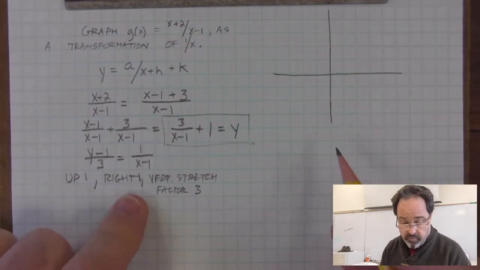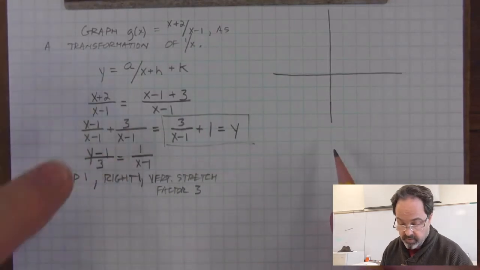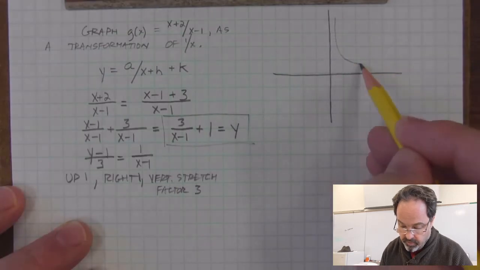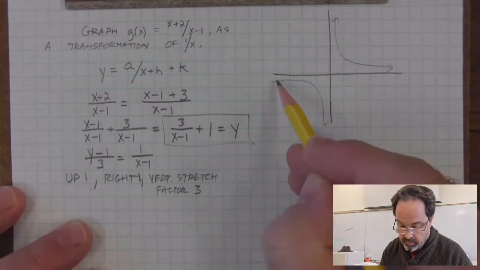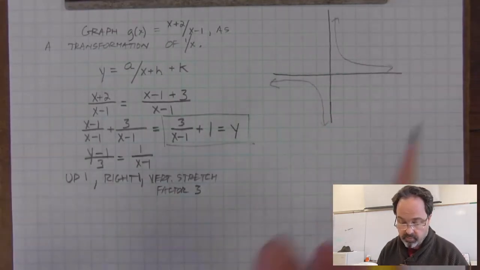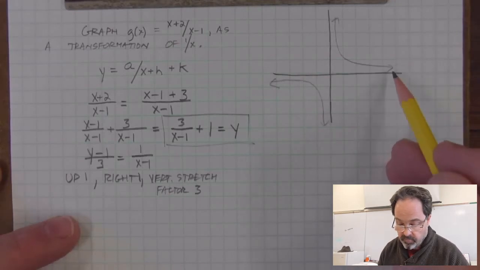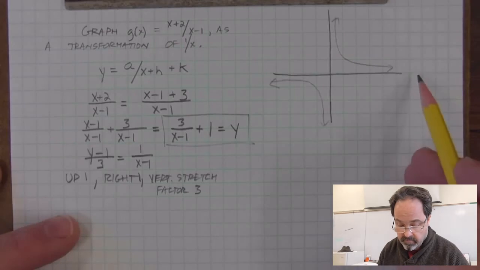These descriptions are transformations of the parent function 1 over x. So I'm going to sketch lightly what the parent hyperbola looks like to guide how I'm going to transform it. Parent hyperbola has 2 branches like this. There's some symmetry here. The asymptotes are the axes.